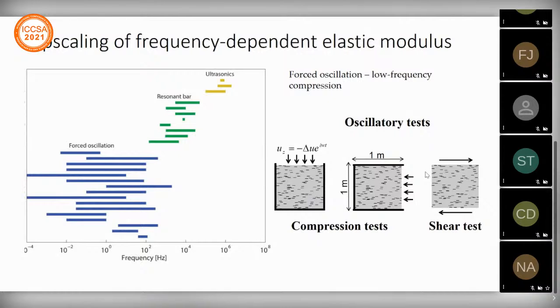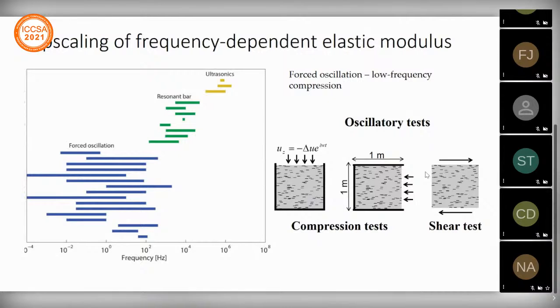There are a lot of ways to do it, starting from ultrasonic wave propagation and measuring the velocity in the core sample. But the problem here is that if we've got inhomogeneous media, and the sample is quite small, we need to be able to predict the properties of the media when long waves propagate through it.